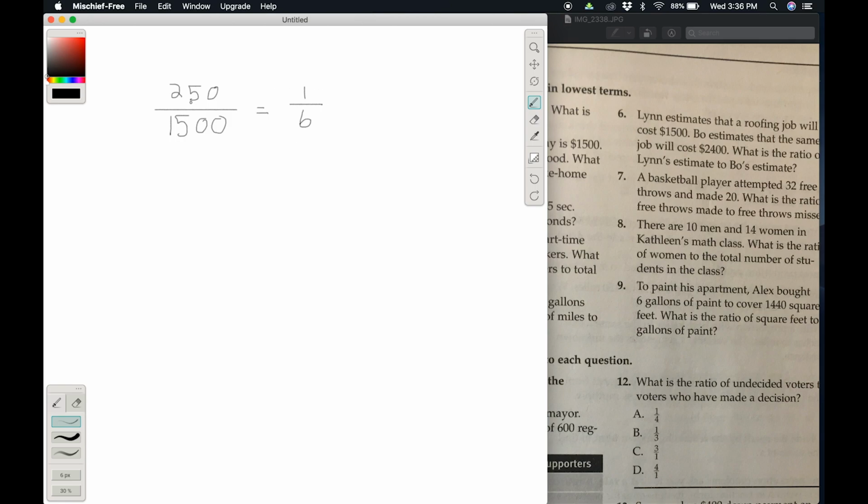But if we would have done, for example, 50 goes into 250 5 times, then 50 goes into 1,500 30 times, it still wouldn't be the lowest terms, okay? We would have had to do it again. What goes into 5 and 30? Well, 5 goes into 5 once, and then 5 goes into 30 6 times.